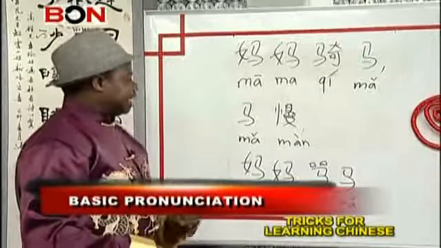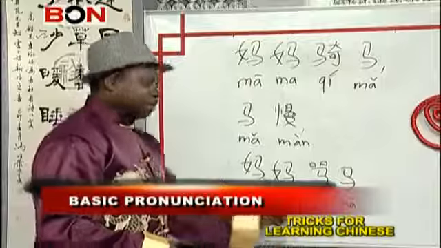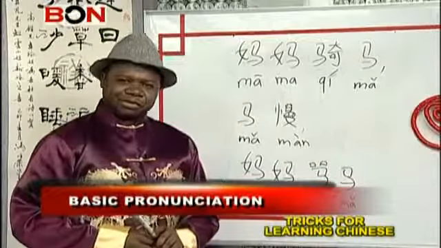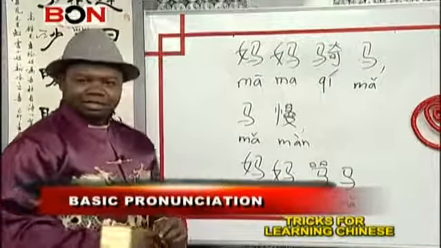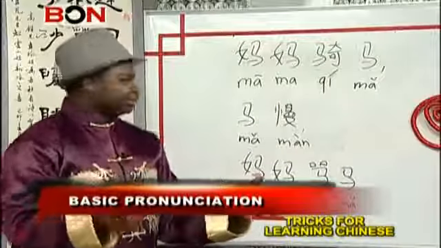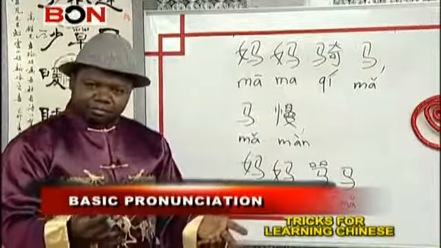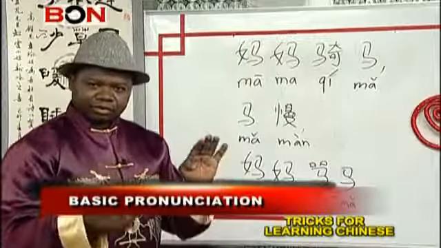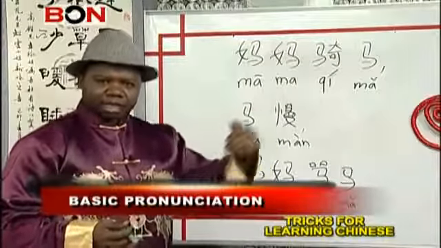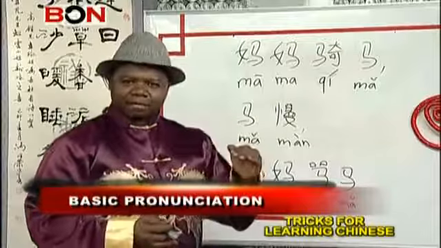Ma ma qi ma, ma man, ma ma ma ma. What does it mean? Actually, it's a very simple story. Mama refers to mother. We just saw it when we were studying ma, ma, ma, ma. So, ma means mother.